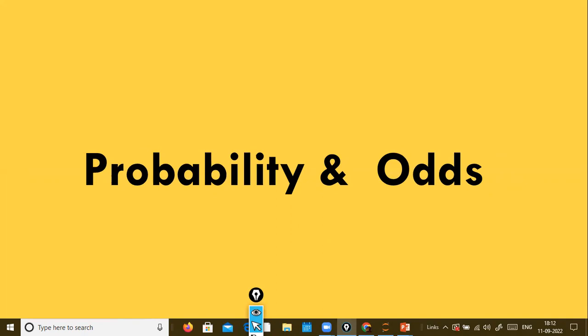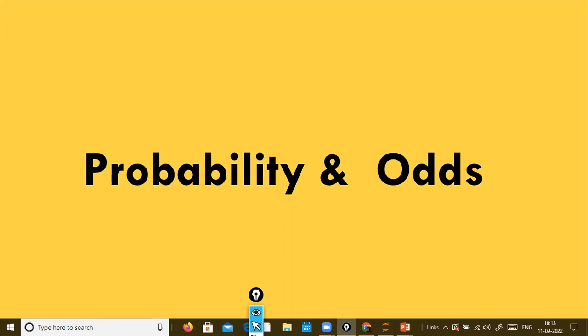We will learn what odds are and what the odds ratio is. Without knowing what odds and probability are, there is no point in getting started with the logistic regression algorithm. We'll briefly discuss how to interpret the odds ratio in logistic regression, which is related to probability.